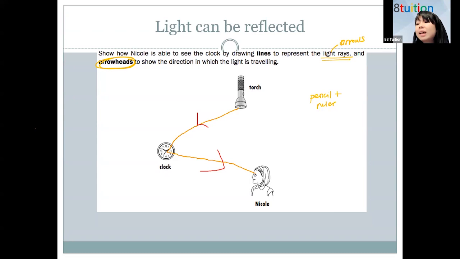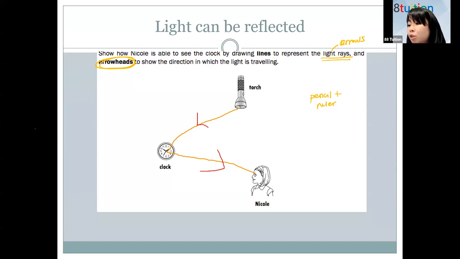Is the direction of the arrow correct, Ziyi? Yes. Darius, is the direction of the arrow correct? No, because light travels in a straight line, so it's false. It doesn't travel like this. No, because the lines are slanted. Yeah, I already said just now, he doesn't have a ruler, so he's unable to draw the lines straight. Oh, okay. Assuming the lines are straight, is this correct? Yes, it is correct. Okay, the arrows are perfectly fine.